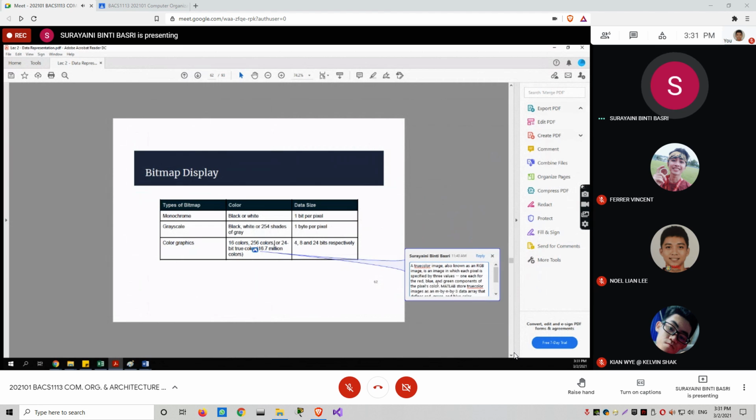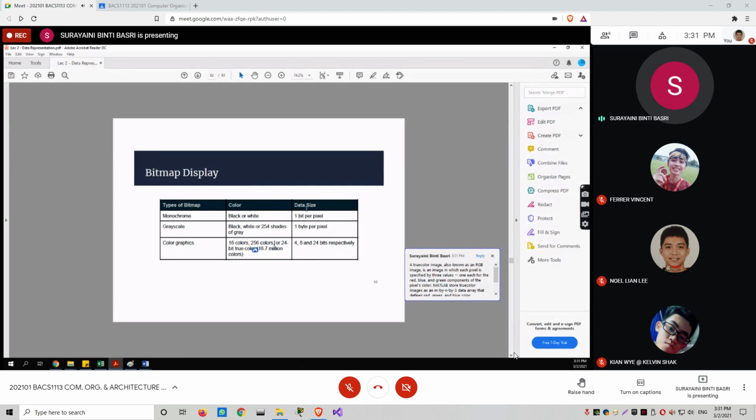Just ignore this because it is too detailed. Just remember that true color is the combination of red, green, and blue, and that combination can produce up to 16.7 million colors.